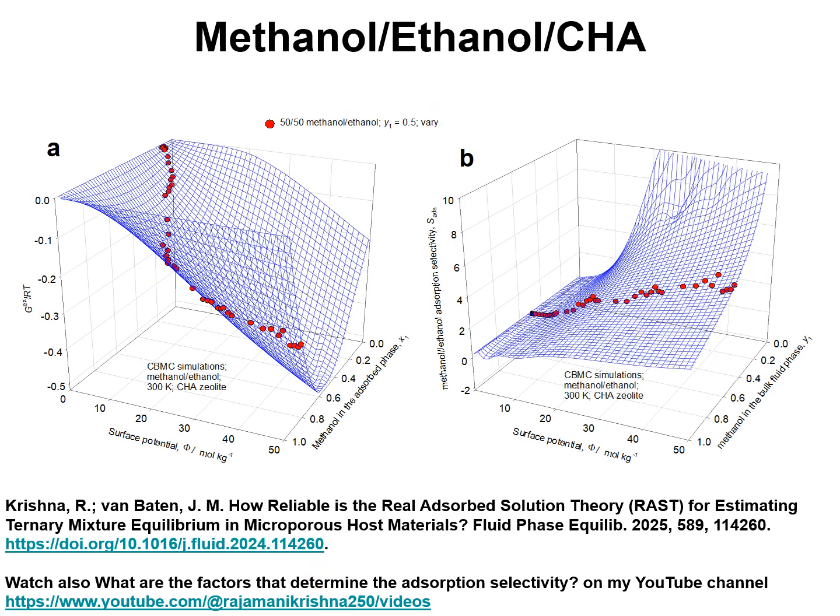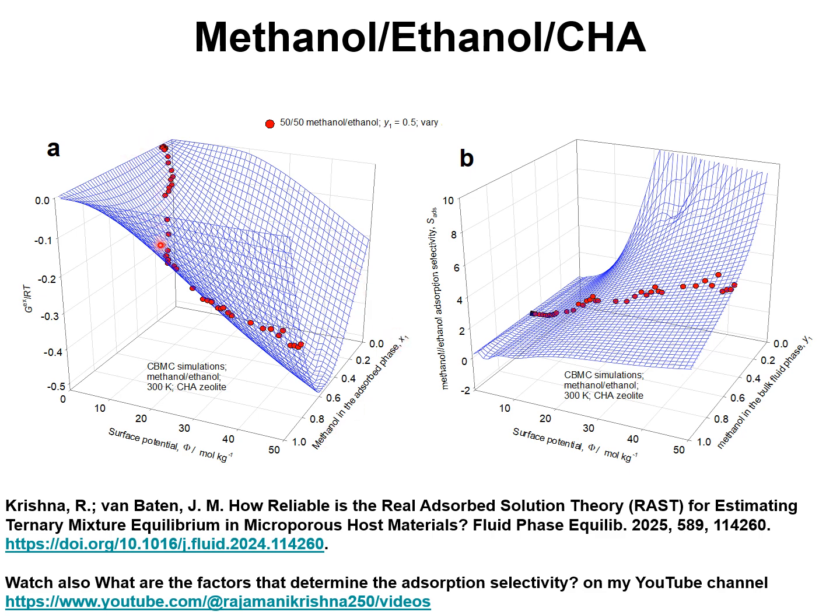Adsorption of mixtures of methanol and ethanol in chabazite also exhibits strong thermodynamic non-idealities, and the CBMC simulation data for 50-50 mixtures is indicated by the red circles. The Gibbs free energy is plotted here as a function of surface potential and the mole fraction of methanol in the adsorbed phase.